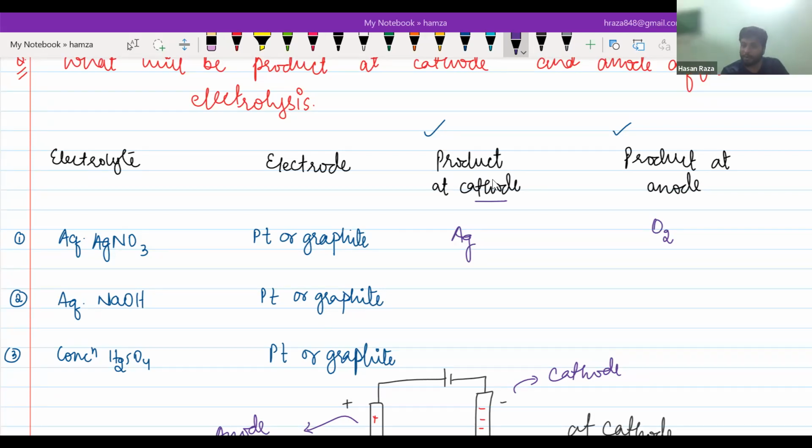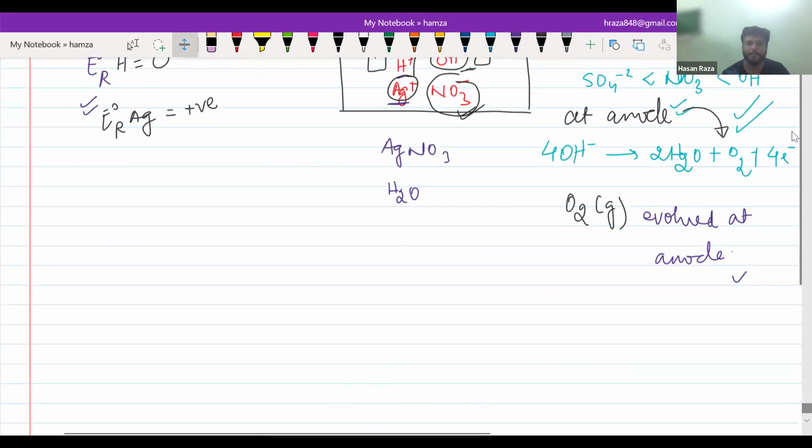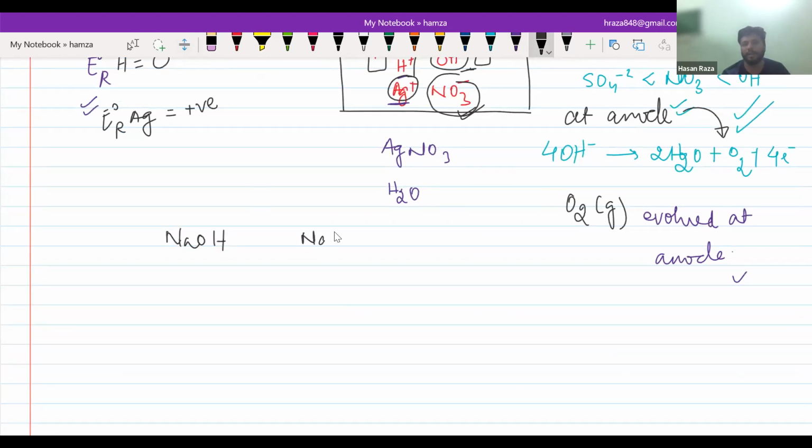So my hydrogen will easily migrate to that side. So the product at cathode, Sneha, not anode, is hydrogen. And when we talk about product at anode, you can see you have both the same. Wait a minute, I'm going to slide it down. Basically, NaOH, when it is dissociated into ions, will be Na plus and OH minus. And since it is in aqueous solution, there is also H plus and OH minus.